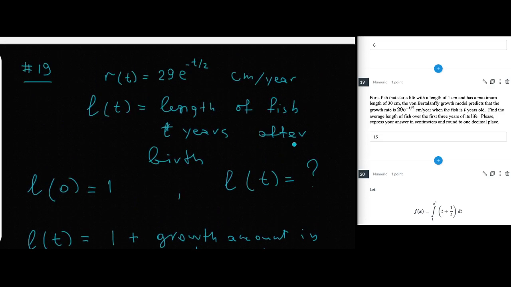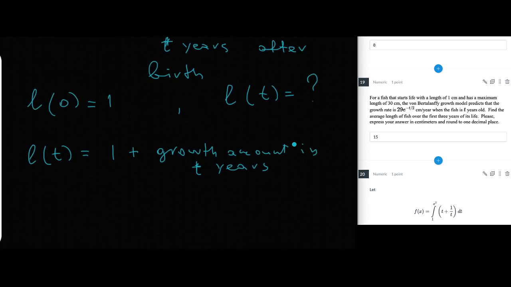So there's our growth rate, R of t. And so I'm going to write this as 1 plus integral from 0 to t.